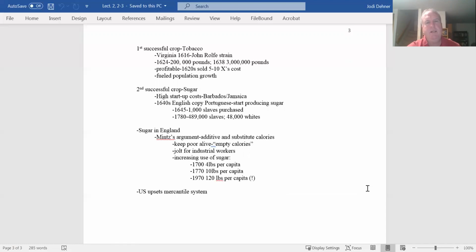In the 1620s, tobacco crops sold for 5 to 10 times what it cost to grow and process them. This highly remunerative return for the production of it led to increased production, which in some way would be bad because then it drives down the price for what you get for the commodity. But because it became cheaper for people to purchase it, then even poorer folks could purchase tobacco.